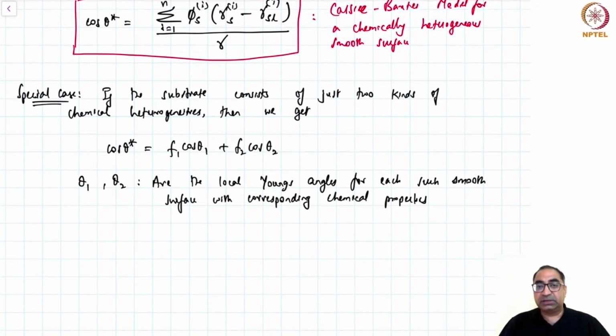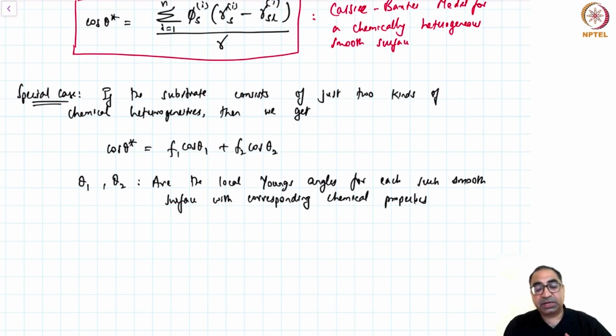This can be done these days using masking techniques. Then you have only two kinds of surfaces now. Basically, you have a surface where the local contact angle is theta1 and the local contact angle is theta2. This theta1 and theta2 would be the Young's angle that you would get if the entire surface was of only one heterogeneity, one surface chemical property.